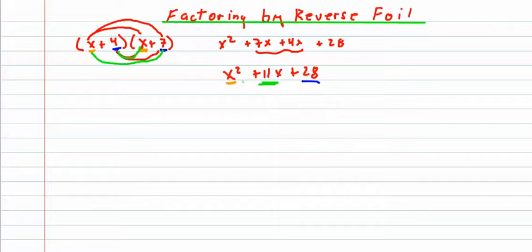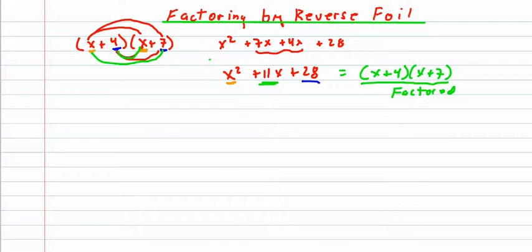So when we factor, let me back up a second. If you remember from the last video, when we factor, we take an expression and we write it as a product of factors. So x plus 4 times x plus 7, this is factored.